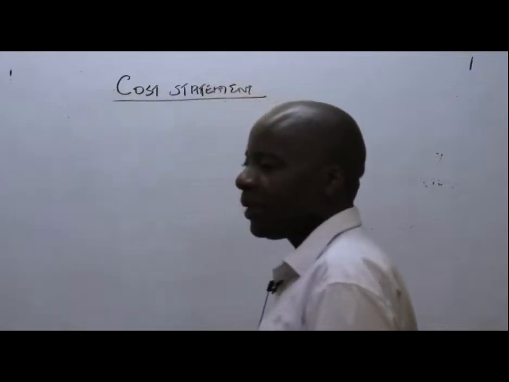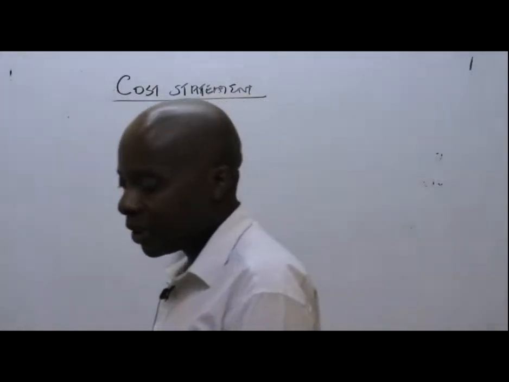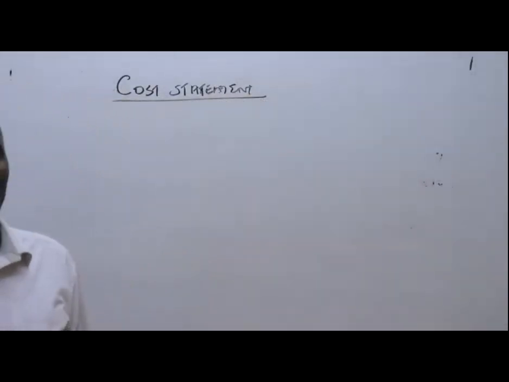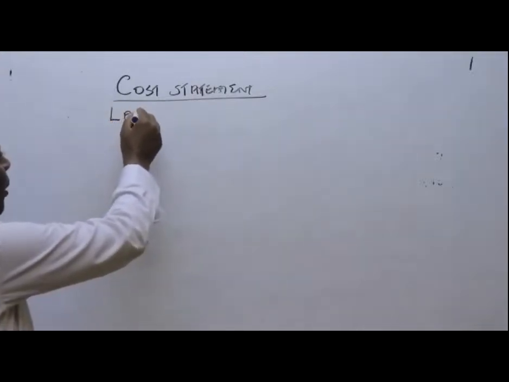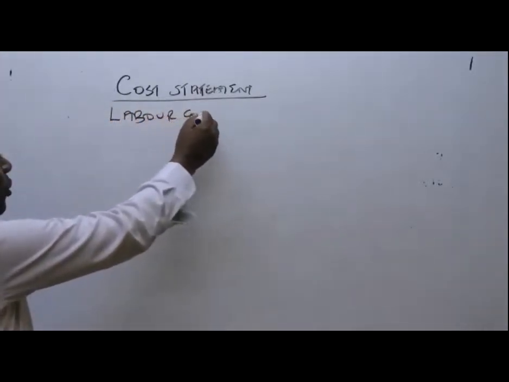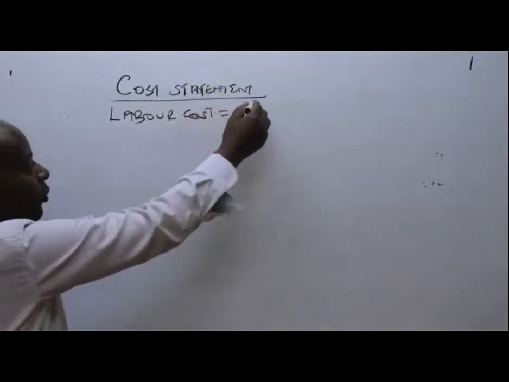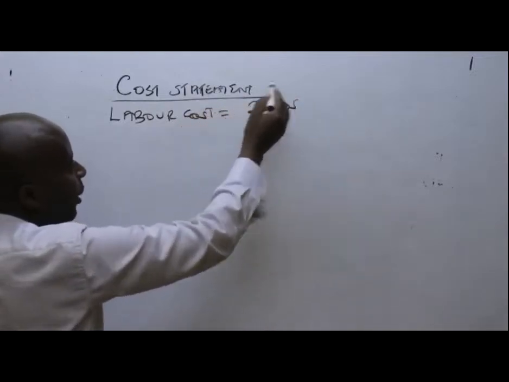For the cost statement, what we have here, number one, is the labor cost. I'll start with it so I don't forget it. The labor cost for each chair is 20.95.